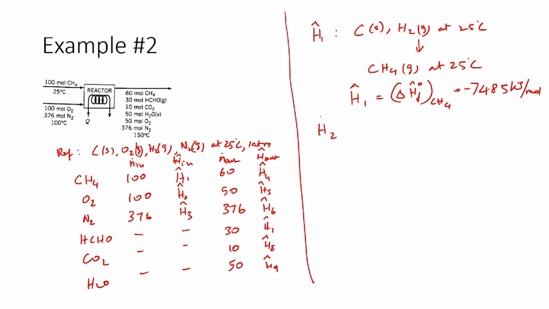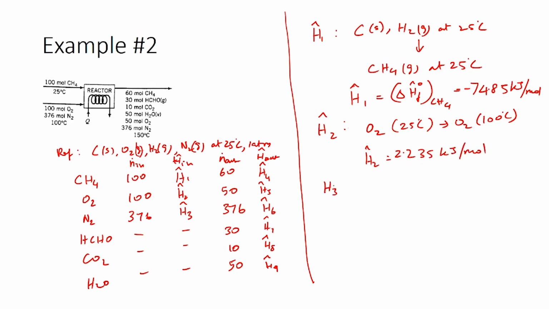Now, for H2 cap. H2 cap is nothing but oxygen being heated from 25 degrees Celsius to 100 degrees Celsius. So, this value you can get from the combustion gases table. So, this H2 cap would be equal to 2.235 kilojoules per mole.